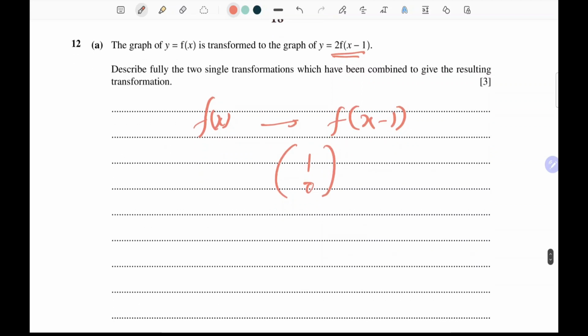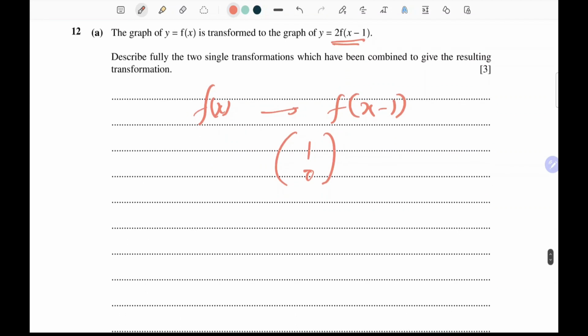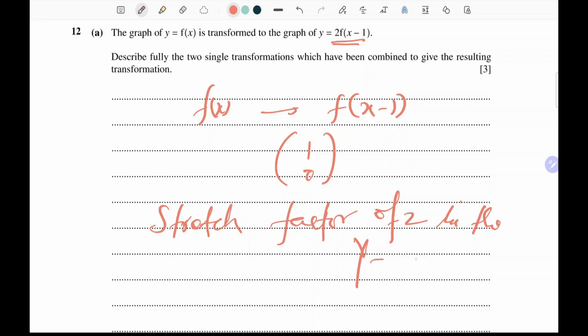And then we have to stretch by a factor of 2 in the y direction, a stretch, not shifting. Okay, it's again a very simple question.